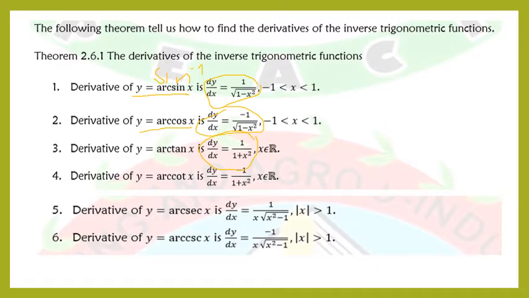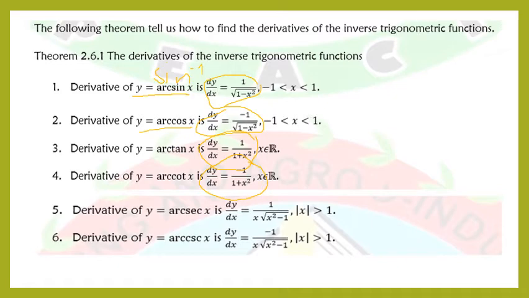Arc tan is the inverse tangent x. Okay, the fourth one is the derivative of arc cotangent x, the inverse of cotangent, is dy over dx equal to negative 1 over 1 plus x squared.